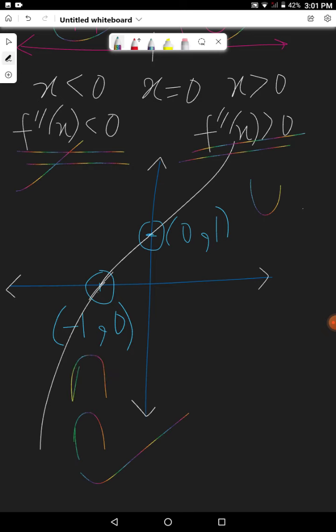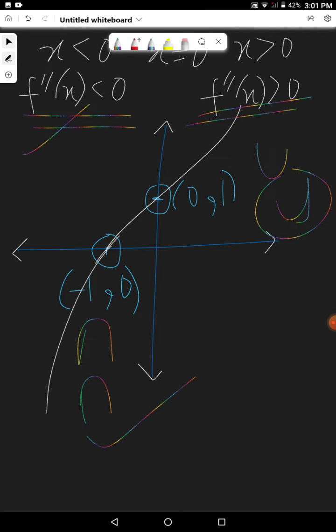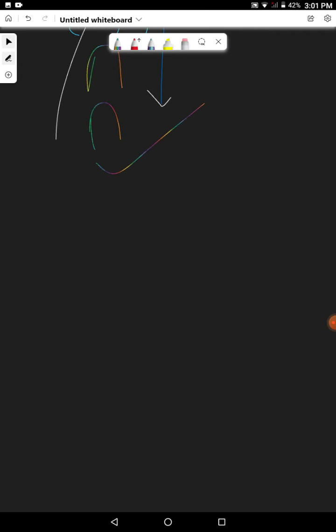And when x is greater than 0, that is x is positive, it will be concave up. So here I have drawn the curve as concave upward. So this is the whole concept of concavity. Basically, it helps us to sketch the graph of a function.